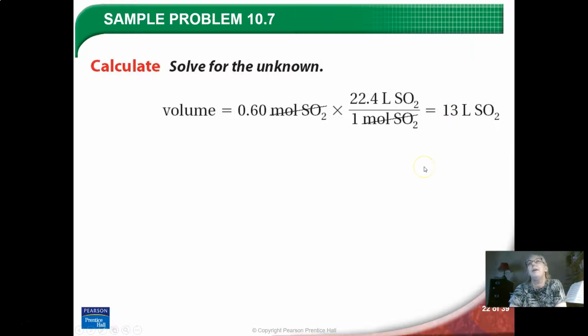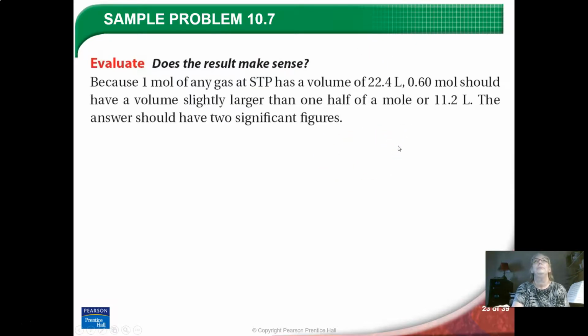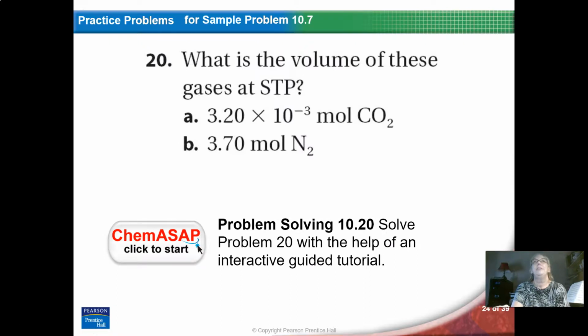So see if you can try this problem, setting it up and understanding how we're doing this. The moles are canceling and we're coming up with volume, which is liters. So the only reason we can do this relationship is because we're at STP. So look for that STP magic words in the problem, because you can use this magic quick conversion. Here's some other ones to try.